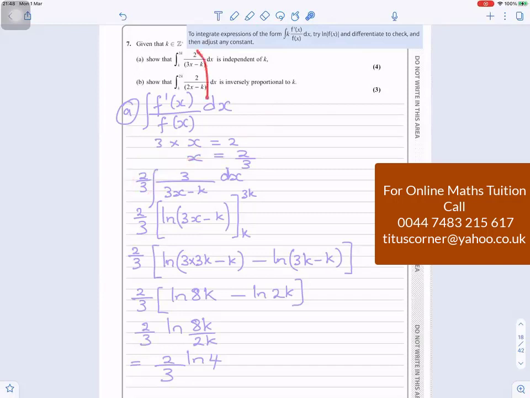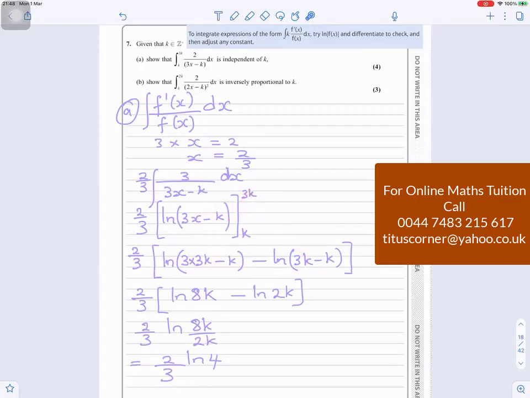And now the top will change to 3. The denominator will stay the same. Now when you integrate, you use this formula. That just gives you ln of 3x minus k. And we're integrating from k to 3k. Substitute 3k for x. Wherever I see x, you substitute 3k.